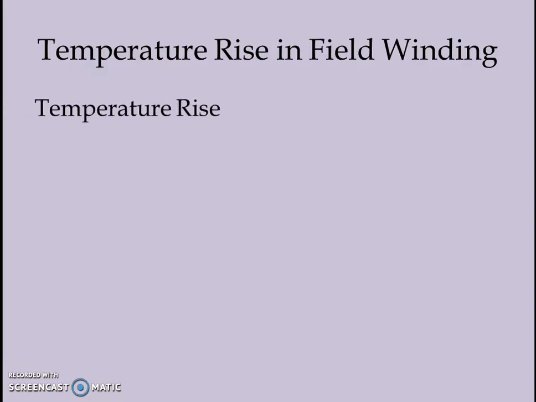For the temperature rise, theta is the temperature rise in degree centigrade, and the equation is QF, that is the total copper loss, multiplied by CF, where CF is the cooling coefficient, divided by the heat dissipating surface. If the temperature rise is within the limit, then as I said earlier our design is perfect and we do not need to do any modification.